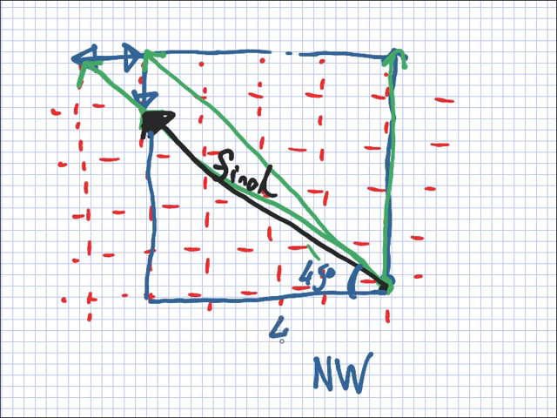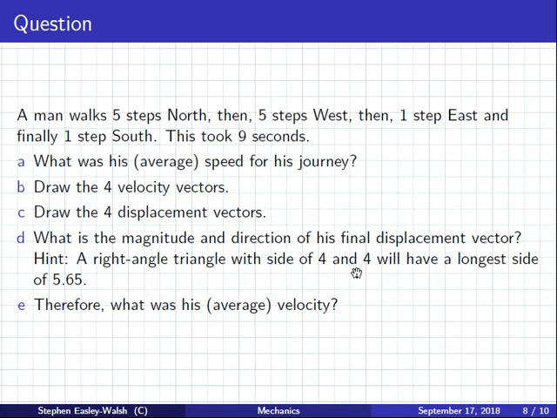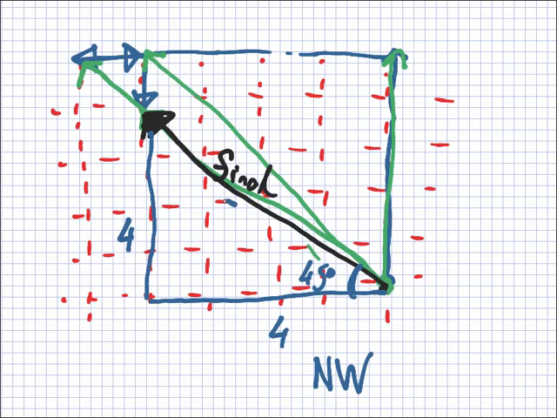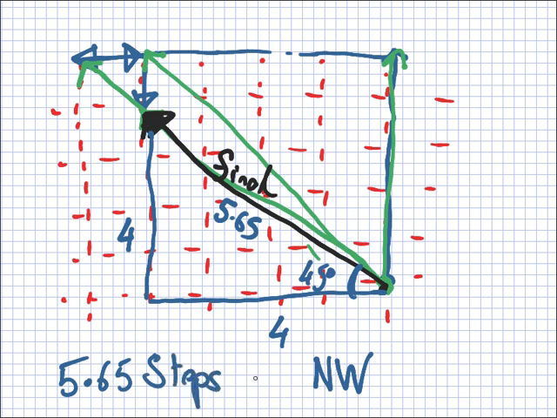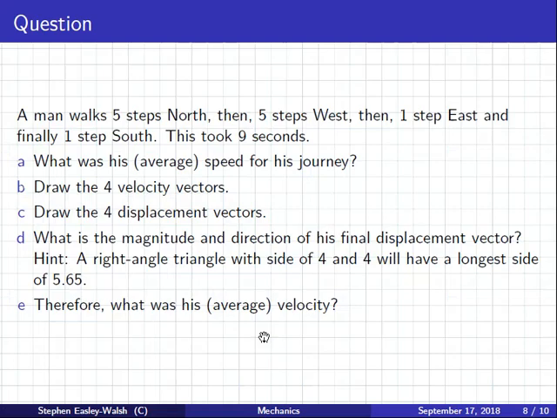Well, if this is 4 and this is 4, then you have a 5.65. So the answer is 5.65 steps, and northwest is the direction. Yeah? Is that okay? That's the D.